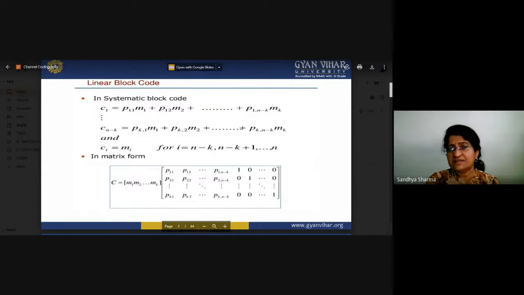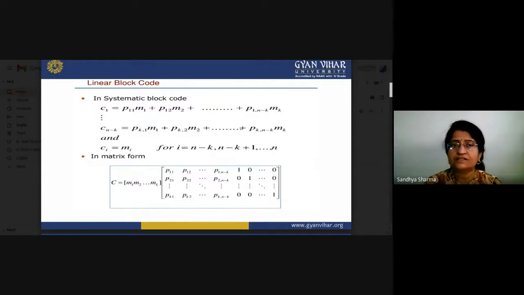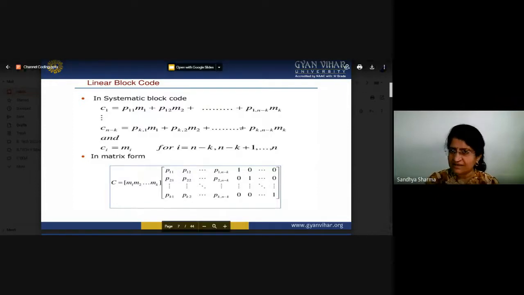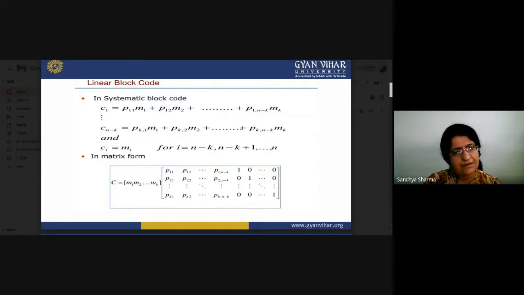According to that, you can write, suppose, c1. C1 is a combination of m1, m2 and mk. So you can write P11, P12, and P1(n minus k). Those are the parity bits, and these are m1, m2, and mk, up to c(n minus k). So you have the 1 to k part, equal to P11 up to Pk1, and m1, m2 is the same because you are using m1 to mk.